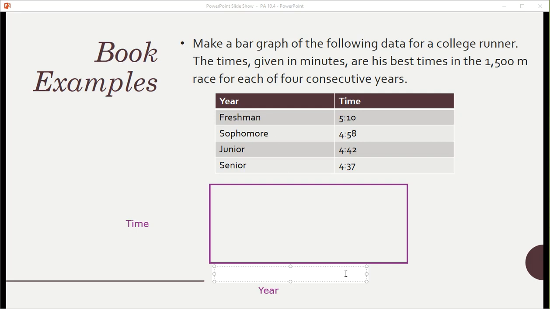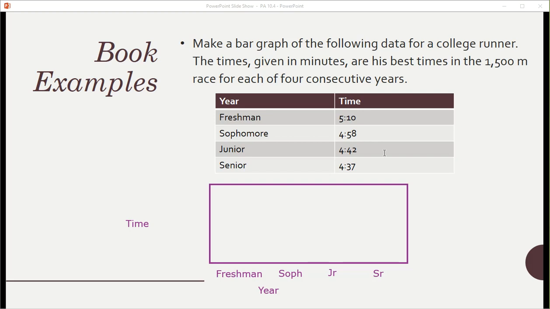And then we have 4 different years that we're looking at. We have our freshman year in college for this runner, our sophomore year in college for this runner, our junior year in college, and senior year in college.